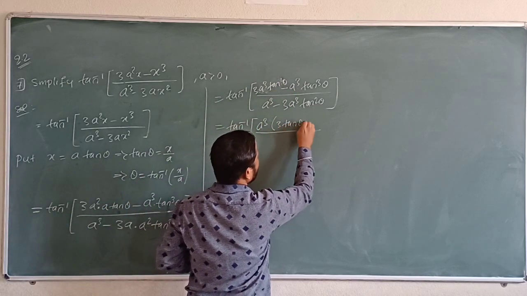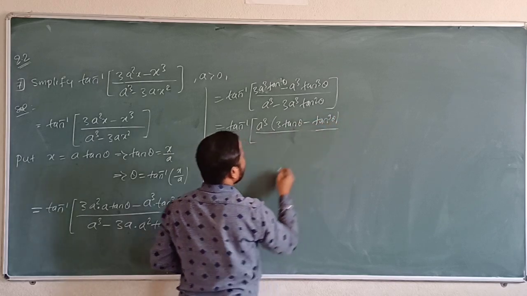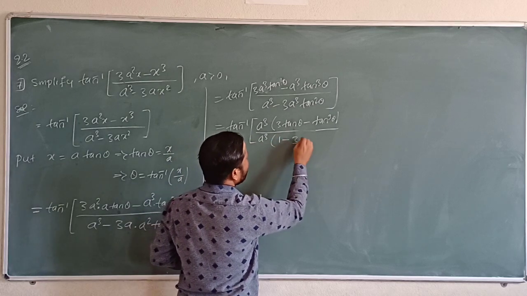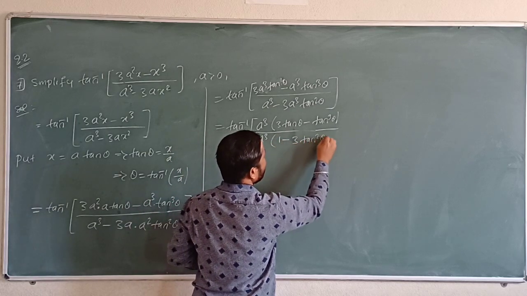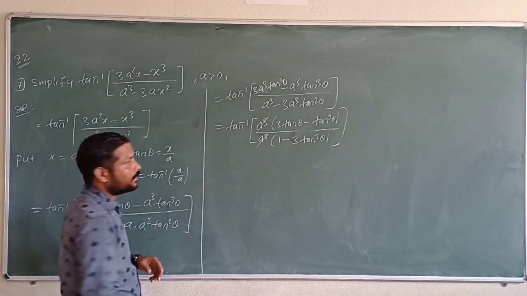3 tan theta minus tan cube theta divided by, again, a cube common here. What is the term? 1 minus 3 tan square theta. Now a cube gets canceled.